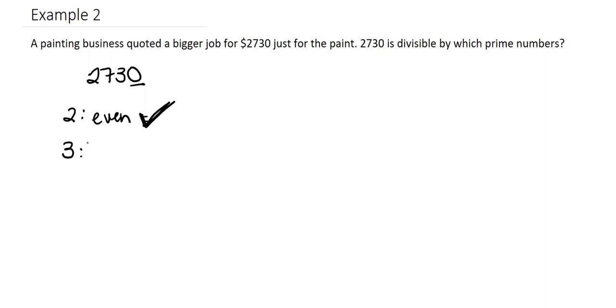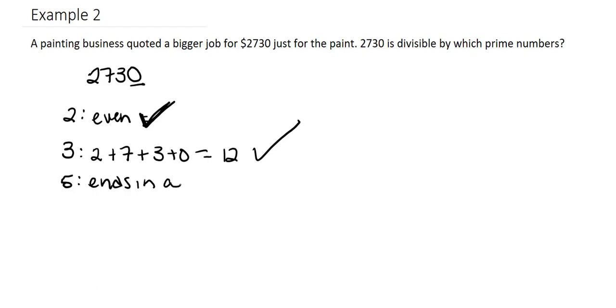We need to add up the digits: 2 plus 7 plus 3 plus 0. 2 plus 7 is 9, plus 3 is 12, plus 0 is 12. Well, 12 can be divided by 3 because that's equal to 4. So 3 is a good one. Now we look at 5. Well, it ends in a 0, so yes, that checks out.